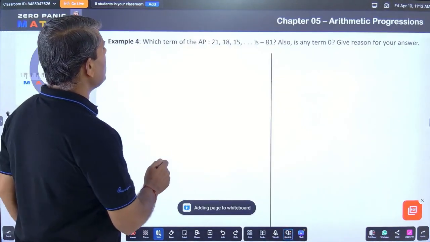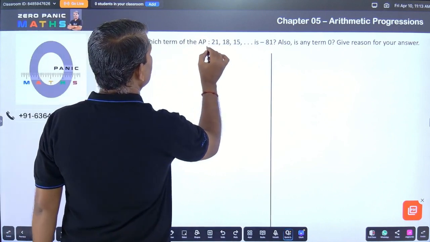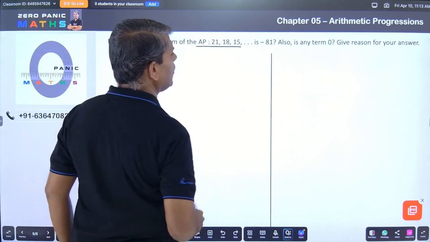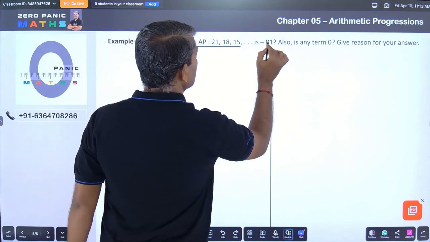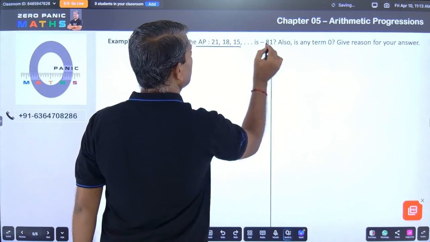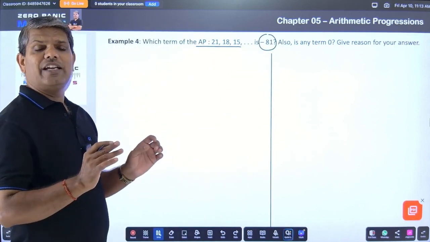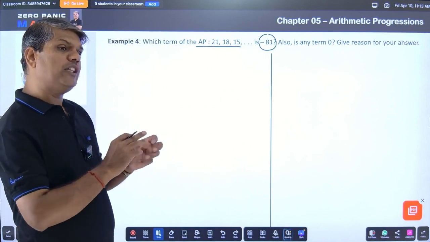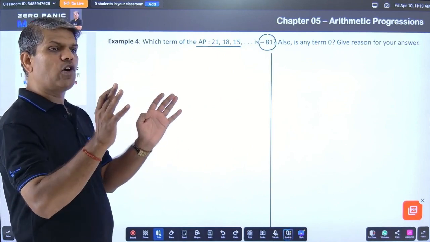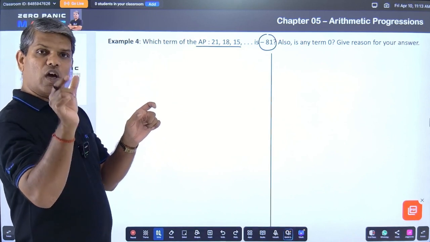Move to the next problem. Which term of this arithmetic progression will be minus 81? Observe here, it is not always that you are going to find the nth term using the formula a plus n minus 1 into d.